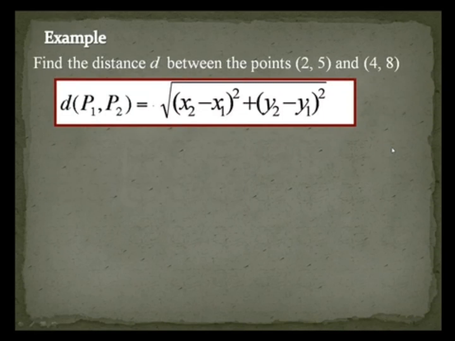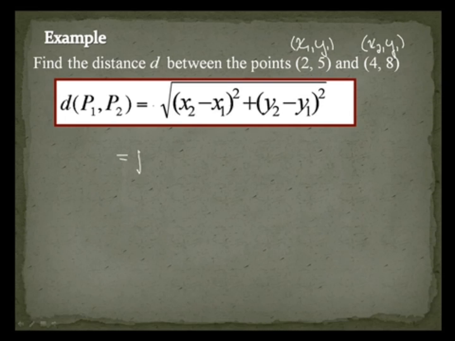Find the distance d between the points (2, 5) and (4, 8). So here's my distance formula waiting there for us. And before I start, I like to label x1, y1, my first point, and x2, y2, my second point. It's just easier, and it saves me from being confused which is which.